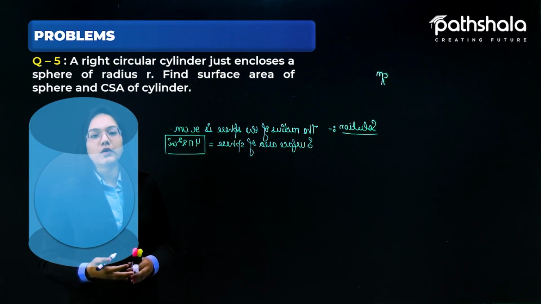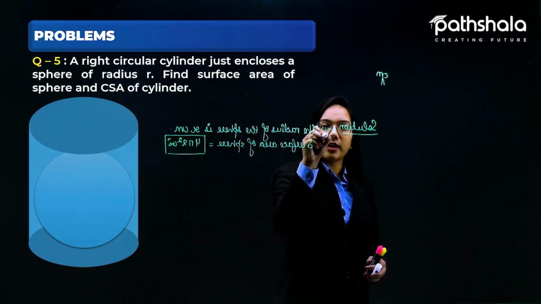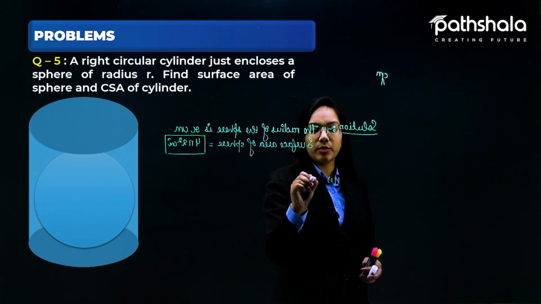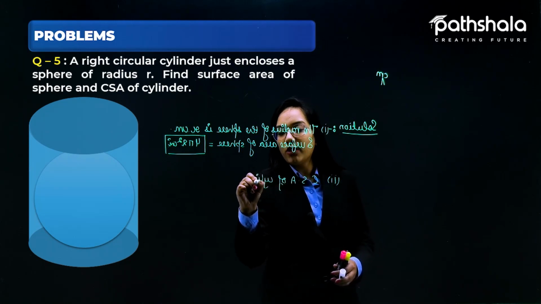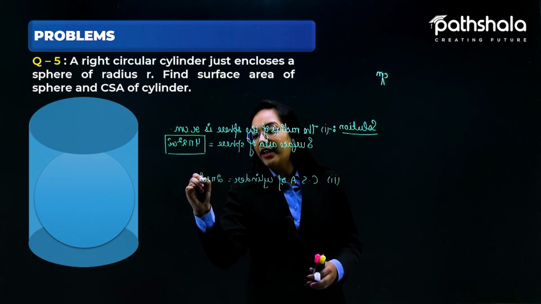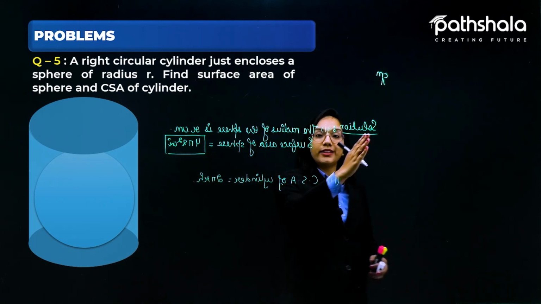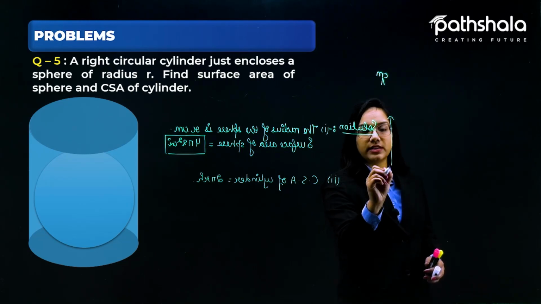Now let's talk about the curved surface area of the cylinder. This is our very first part that we have calculated. The second one is to calculate the CSA of the cylinder. We know that the curved surface area of the cylinder is 2 pi r h, where h is the height of this cylinder.